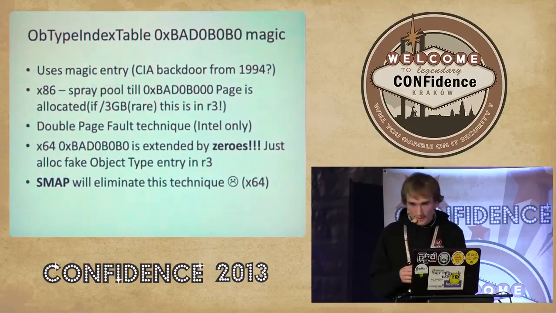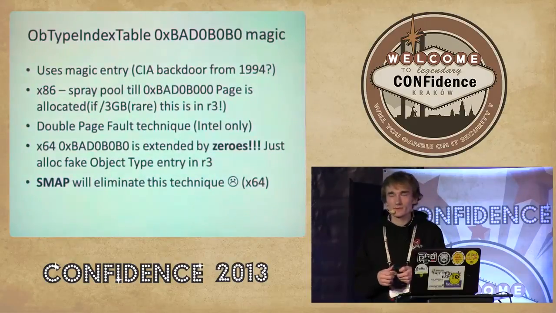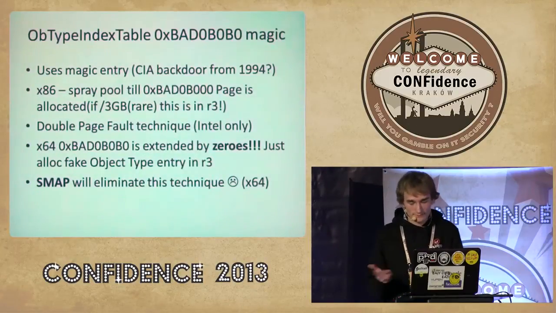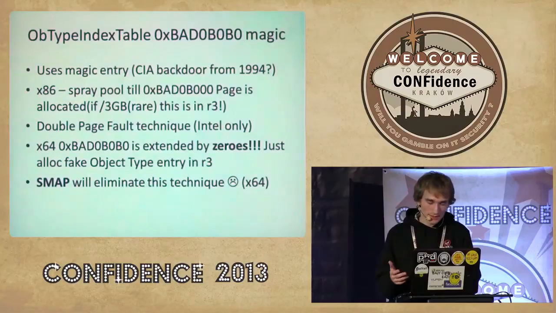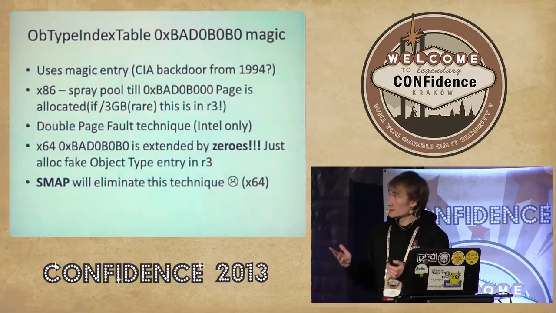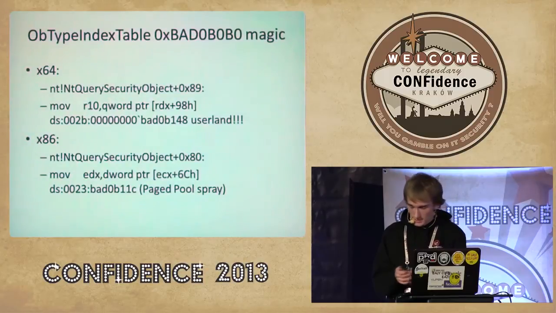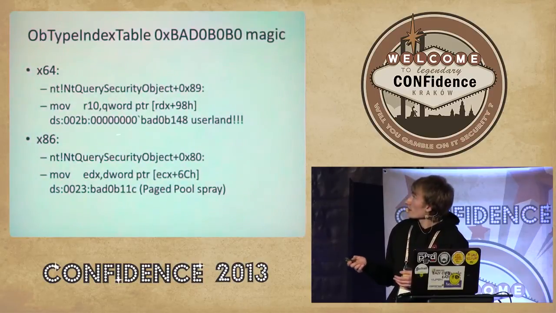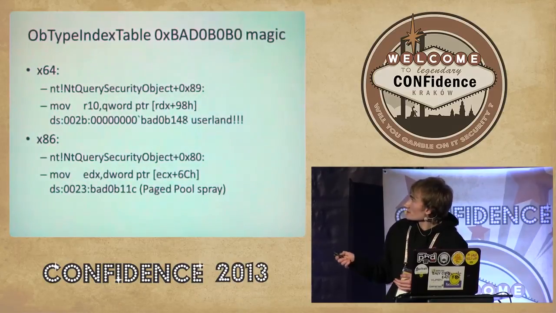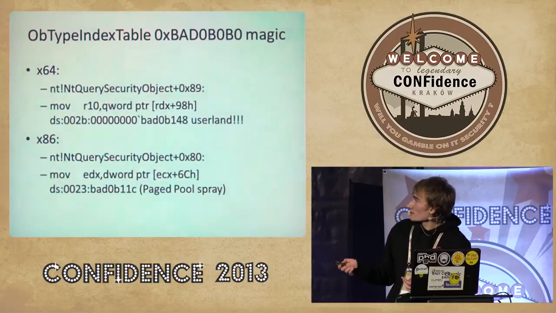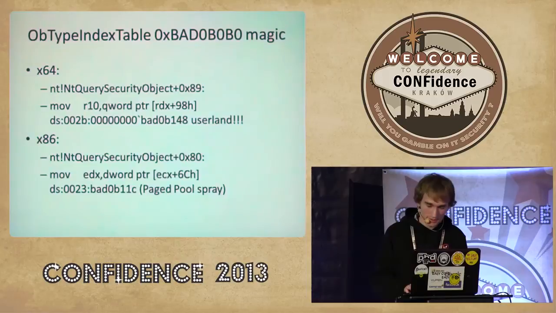On the other hand, if Microsoft implements SMAP, it will eliminate this technique. This is just output from the debugger. So as you can see, it's in userland, and on 32 bits, you have to spray the page pool.